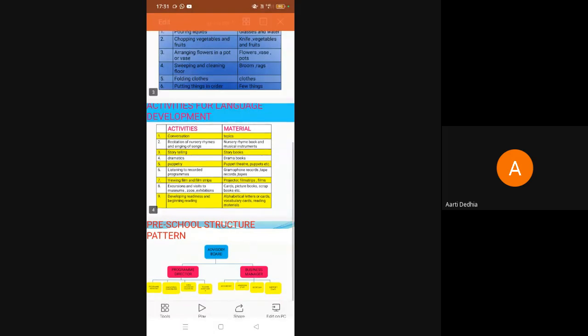Advisory board, in which there is a program director, or we can say the head of the institution. And the second part is business manager. Okay.